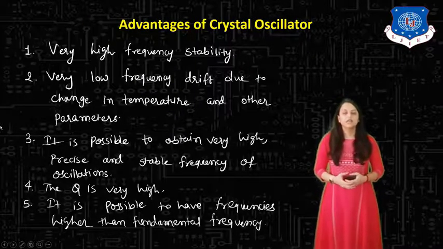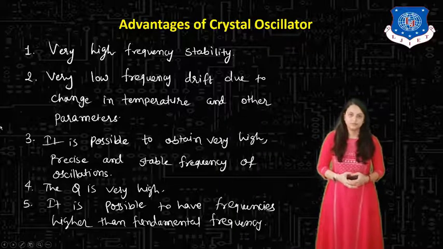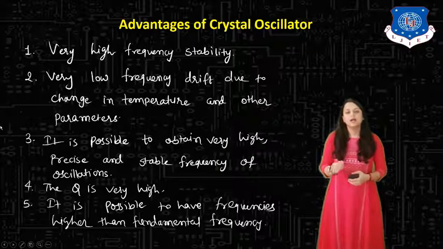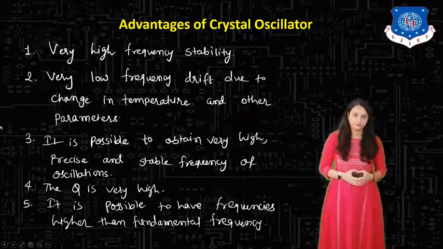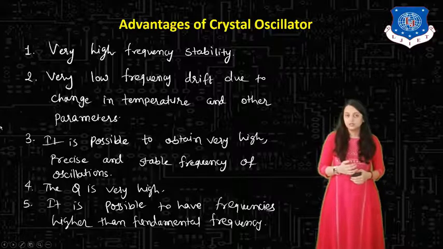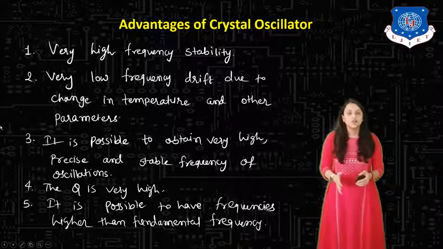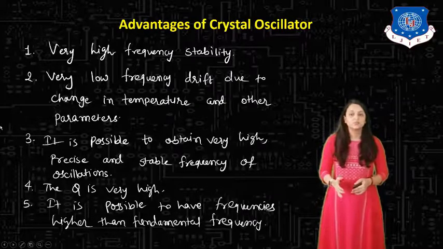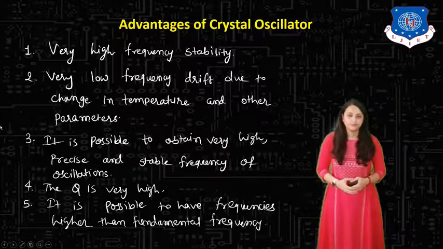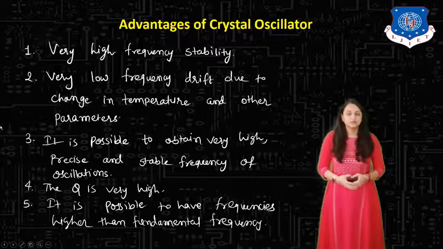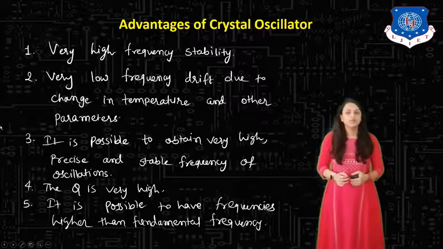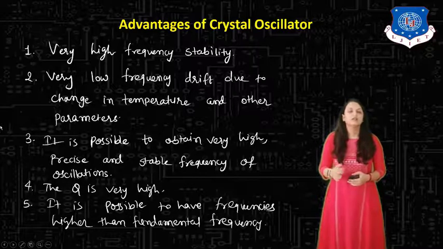Now, let us see the advantages of the crystal oscillator. The first advantage is that it has very high frequency stability. That means if stability is the parameter of concern, crystal oscillators provide high frequency stability as compared to RC oscillators. The second advantage is very low frequency drift due to change in temperature and other parameters.